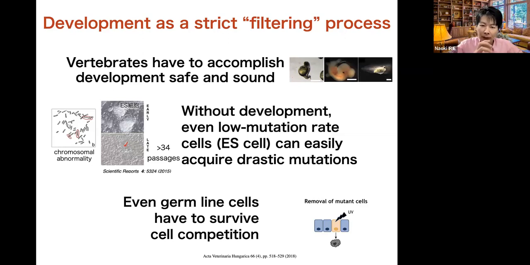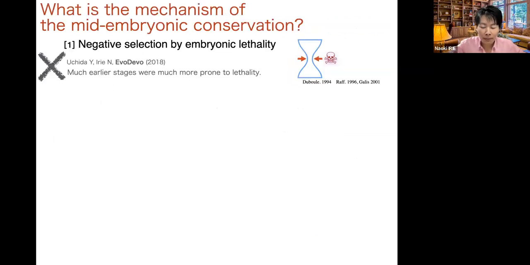So it's a kind of filtering process. And the very major idea to explain this conservation, one of the most famous and classic ones, was that negative selection is working here, in the embryonic stage.